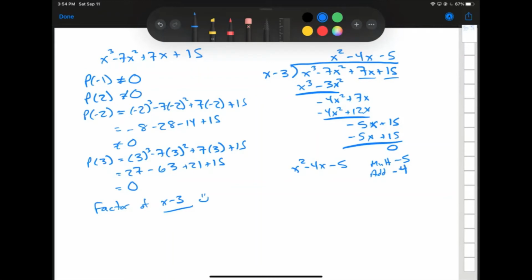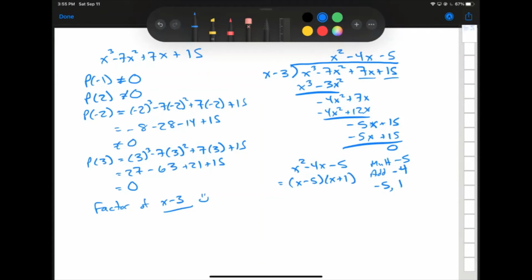And can we find any two things that do that? And again, multiplying to negative 5 means one's positive, one's negative. So the bigger magnitude is negative, the smaller one is positive, and it's going to be negative 5 and plus 1. So that means that this is equal to x minus 5, x plus 1.